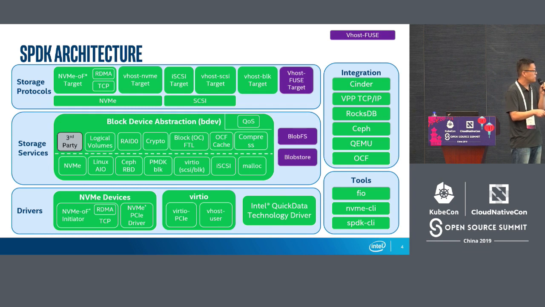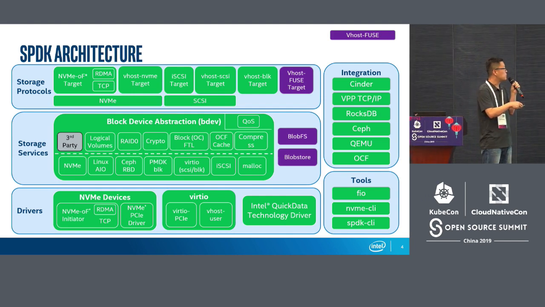From the bottom layer, we have the NVMe driver, and also the QuickData and copy engine. Based on that, we have storage services and the block device driver. A logical volume can also be used for block management. We also have crypto, the OCF cache, the open channel FTL, and the compression engine.